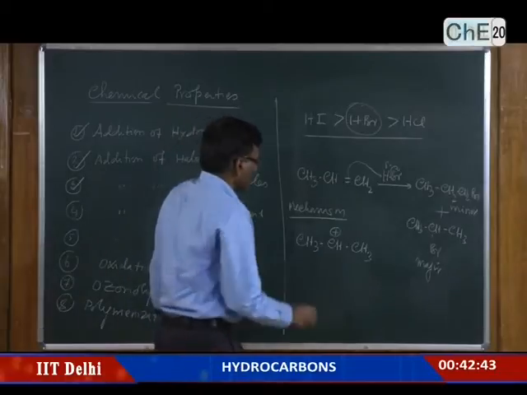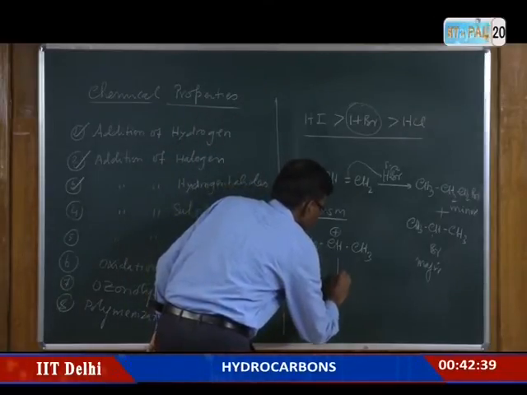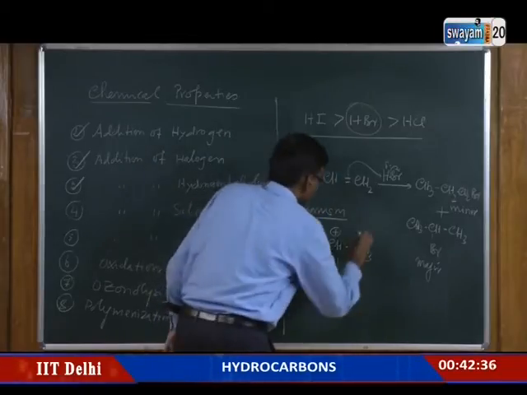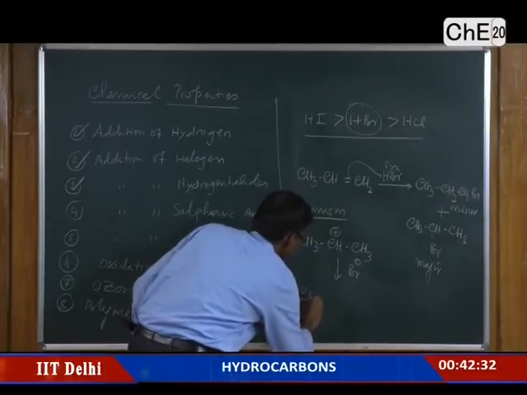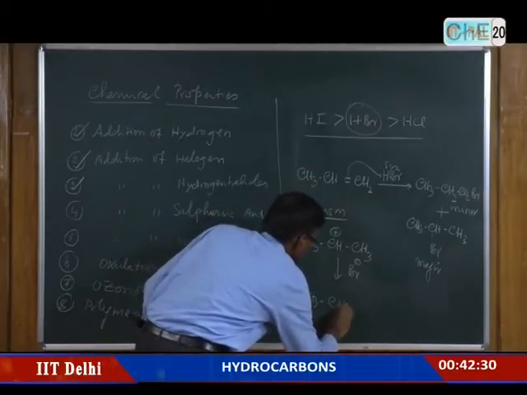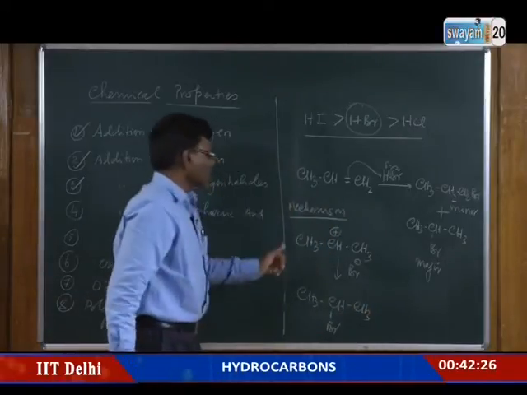So, this carbocation intermediate reacts with the bromide Br minus to give the addition product.